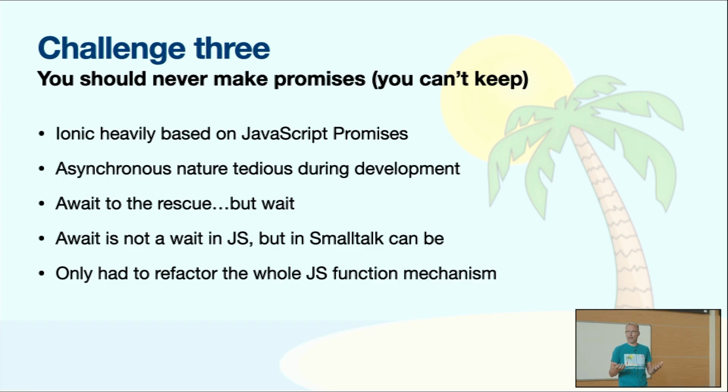I mean, in Smalltalk, I can just suspend my process, and I'm actually waiting. So I could use that effect. The only problem being the way I, at that point, had my JavaScript functions working in CodeParadise didn't work the same way. So I had to do quite a bit of refactoring there to make that work, but that was solved as well.